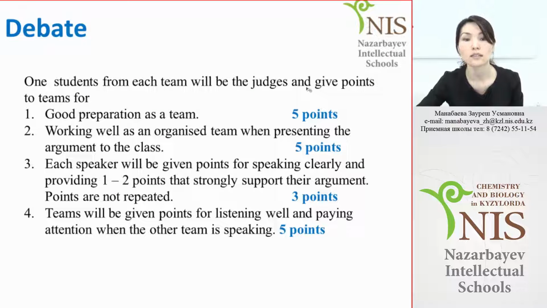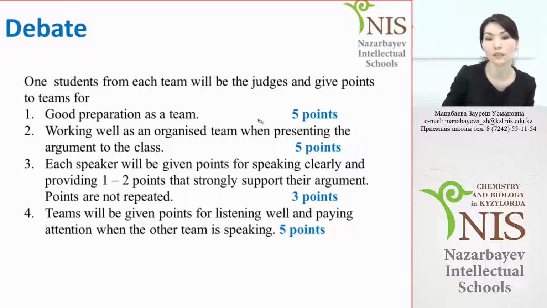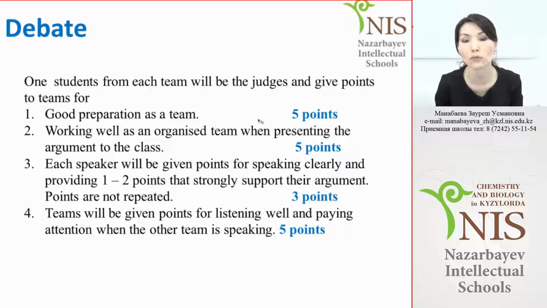Alright? So, what were the criteria? One student from each team will be the judges, so there will be 2 students, and they will give points to teams for good presentation as a team, 5 points, working well as an organized team when presenting the argument to the class, 5 points again.